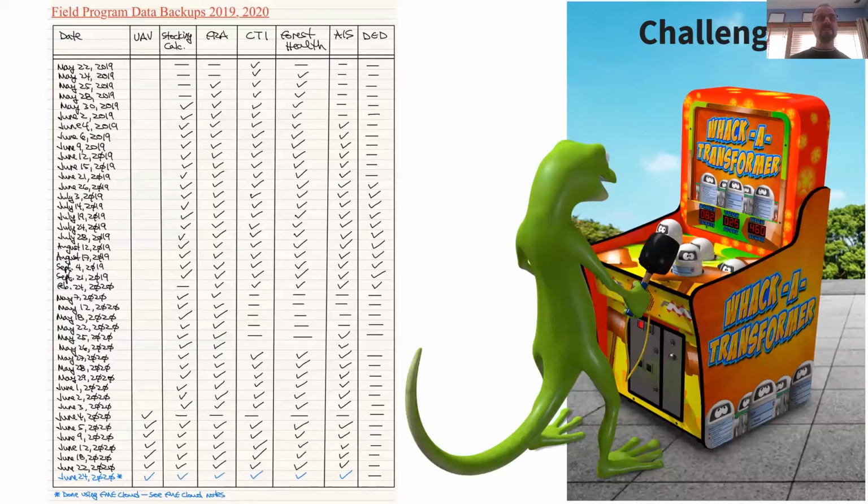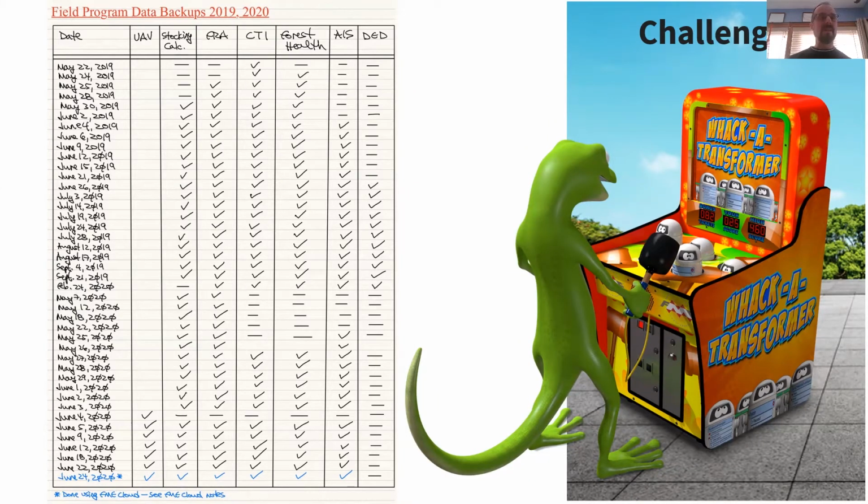This slide just illustrates the manual approach that I was taking to record data backups in 2019 and 2020. I would just enter the date and then run the FME Desktop workbench file. Once I backed up that data in AGOL and moved it, I would then check it off as being backed up.